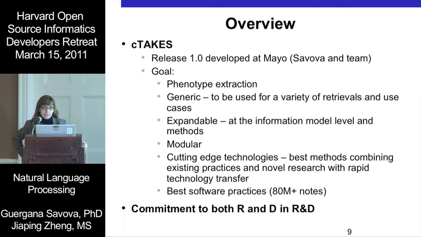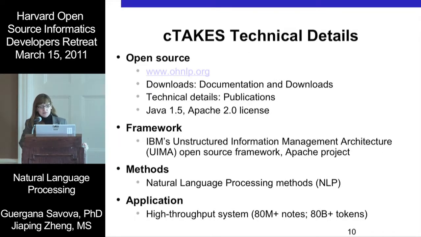Then another requirement was that we envisioned this system to process millions and millions of documents. So it's not a toy system. It has to be very scalable. And at the Mayo Clinic, it is being used to process over 80 million documents of clinical narrative, which equates to 80 billion words, because we in the natural language processing community measure volume in words, which is significant.